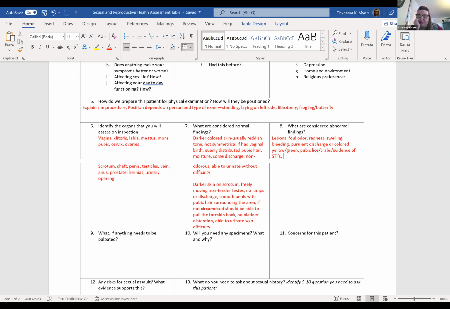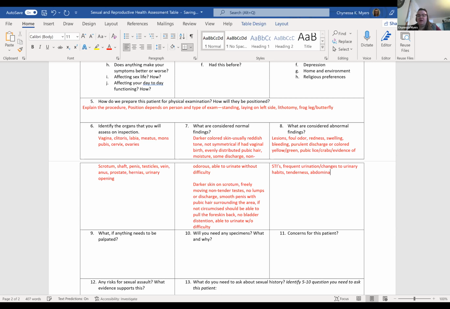Anything else you'd add in here? Because there's a couple things you're missing. Yep, frequent urination. And changes to urinary habits. Tenderness, that's good.